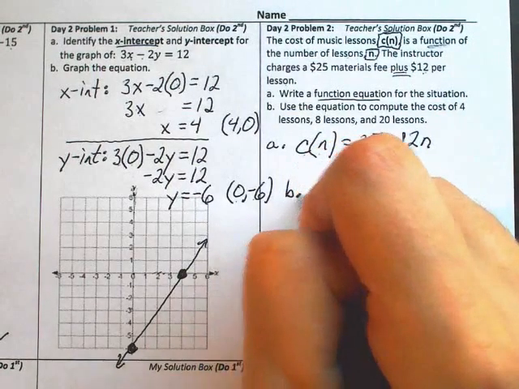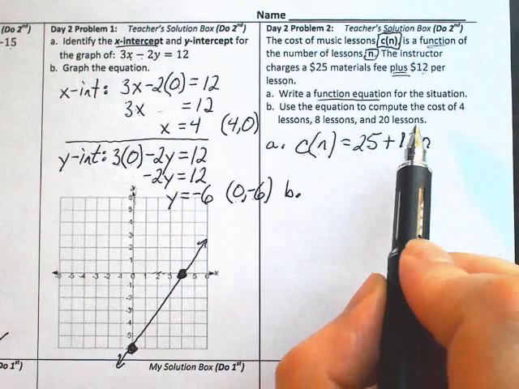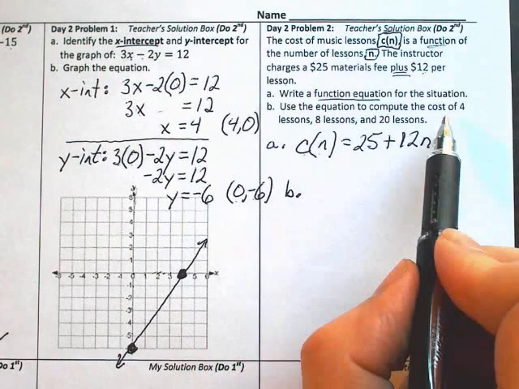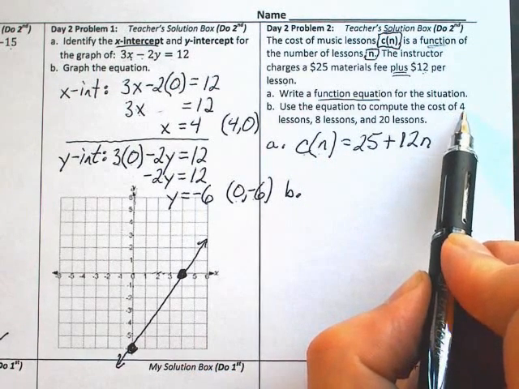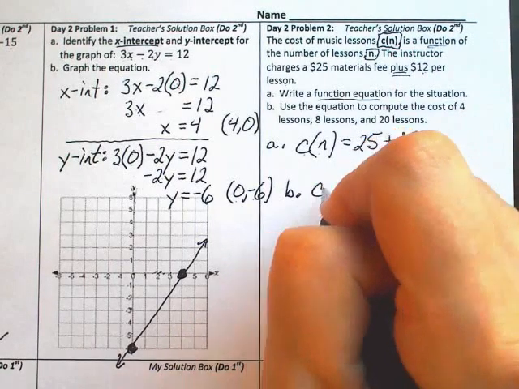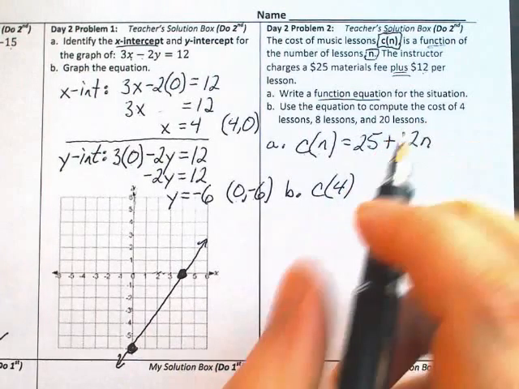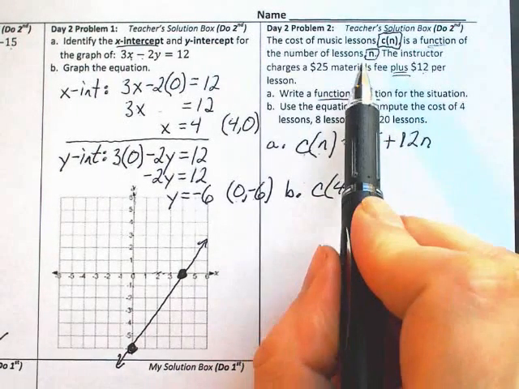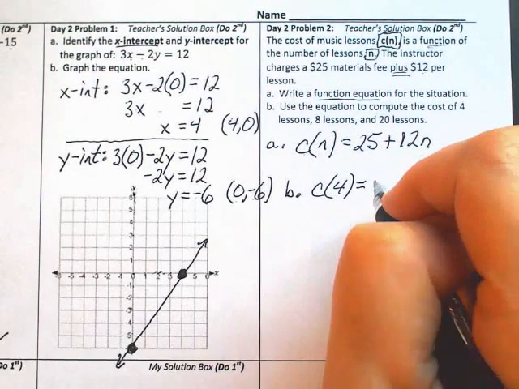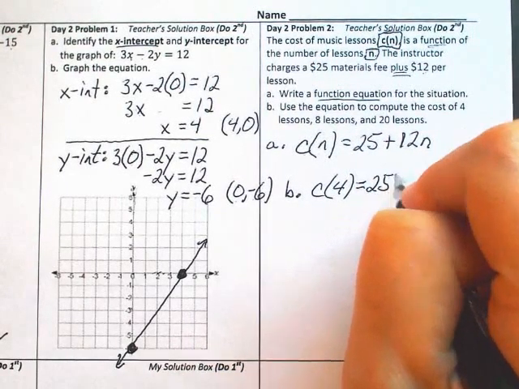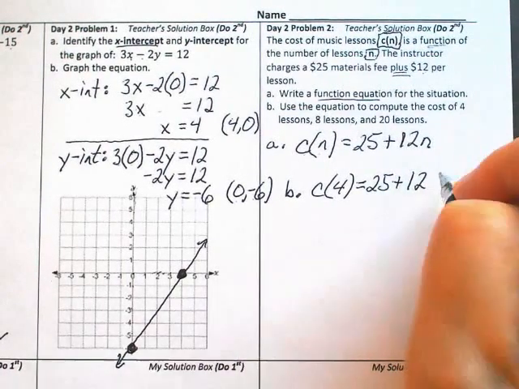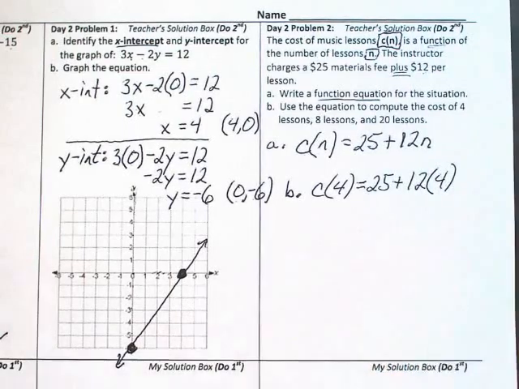Now, in part B, we can use that equation to find our cost, that is to figure out the value of C of n for different numbers that we put in for n. We can figure out for 4 lessons by filling in a 4 for the letter n. The letter n was keeping track of the number of lessons. Okay? So if we fill in 4 for n, then on the right side of the equals, when we come across the letter n again, let's fill in 4.